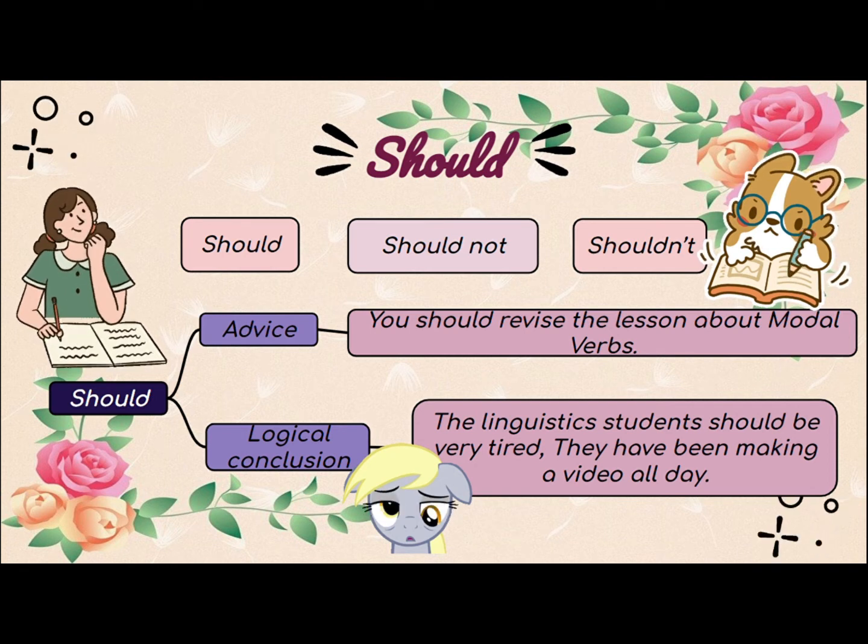We can also use this to express a logical conclusion. For example, the linguistics students should be very tired. They have been making a video all day. I think they are so tired.